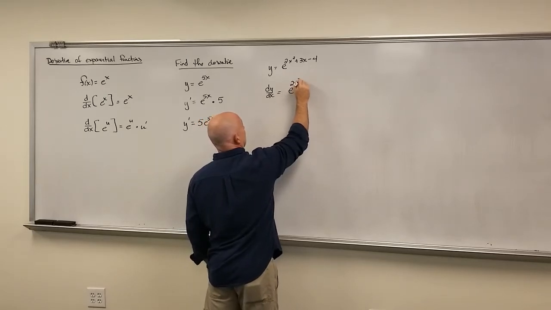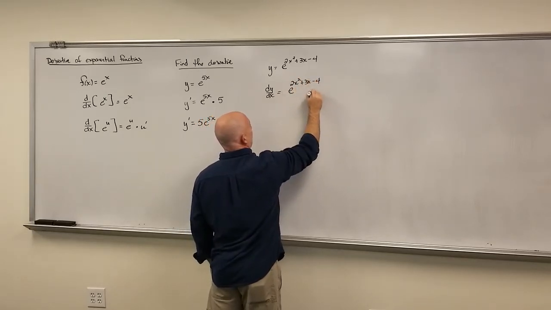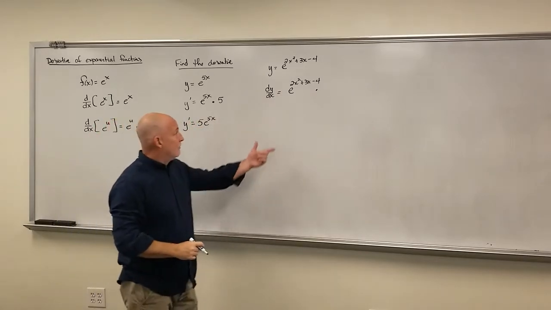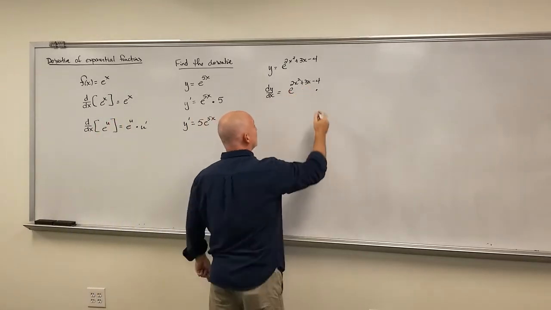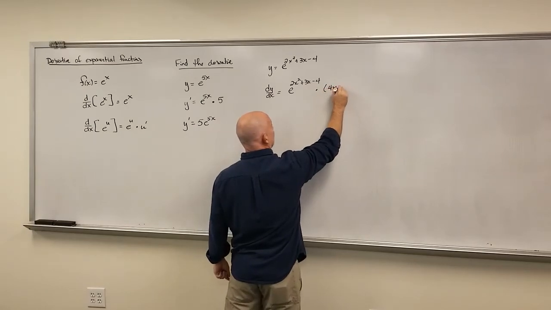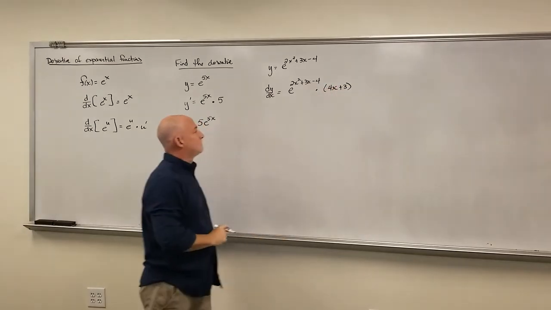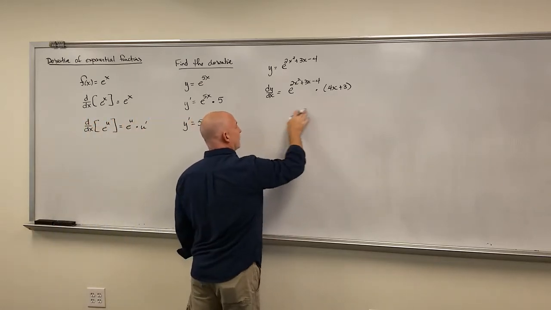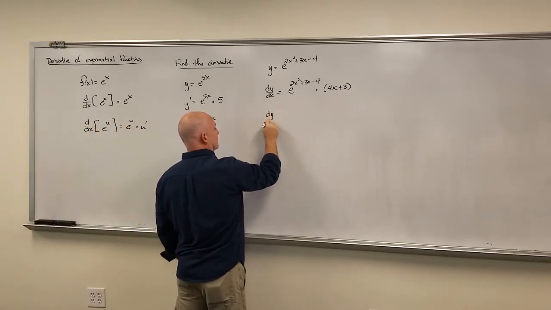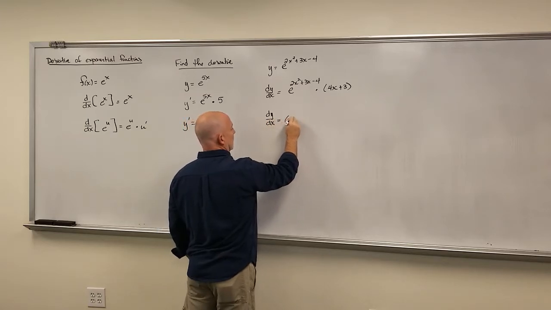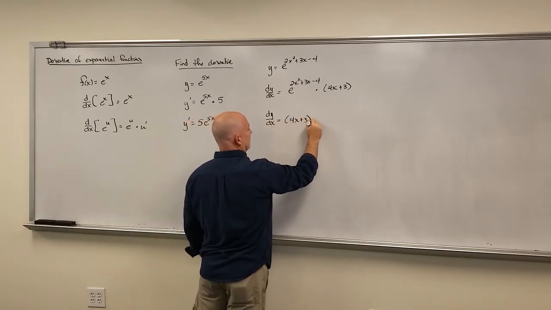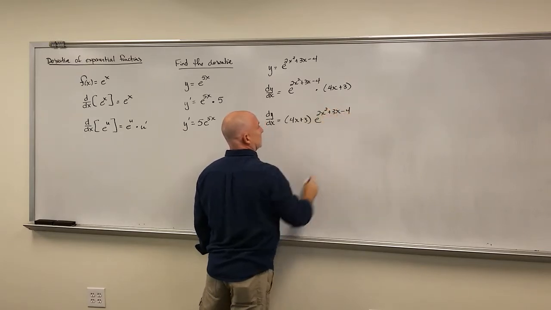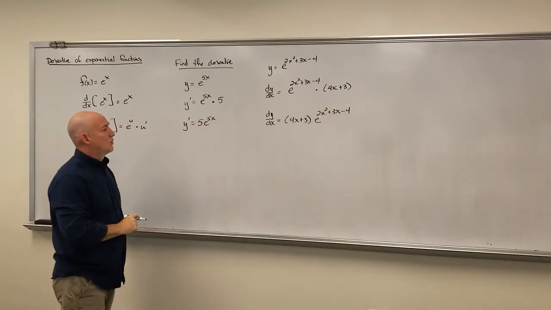So it's going to be e to the 2x squared plus 3x minus 4. But then you have to multiply by the derivative of the inside, or the derivative of the exponent. The derivative of that exponent would be what? 4x plus 3. You can leave it like that, but again, we generally write things in front of our exponentials. So I'm going to write this as dy dx is 4x plus 3 times e to the 2x squared plus 3x minus 4. There we go.